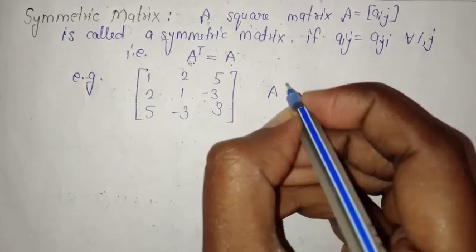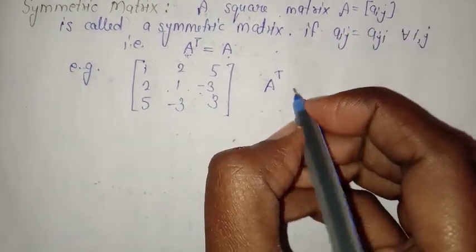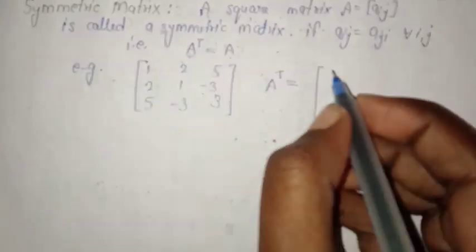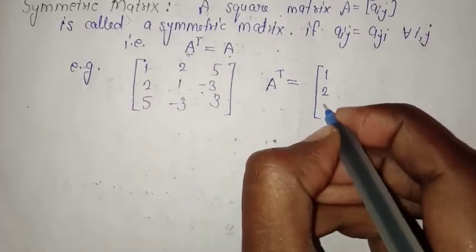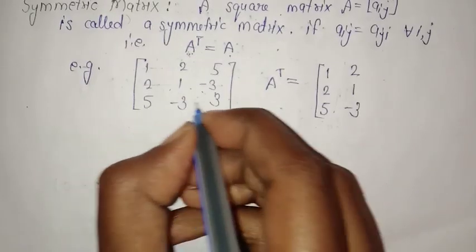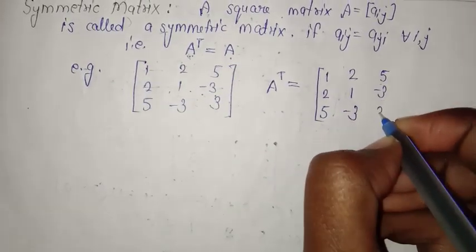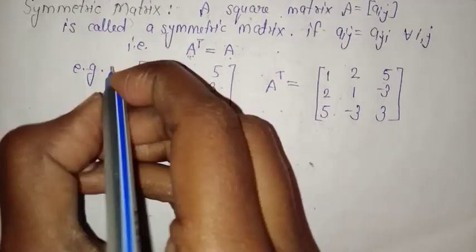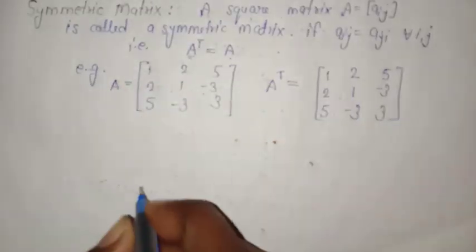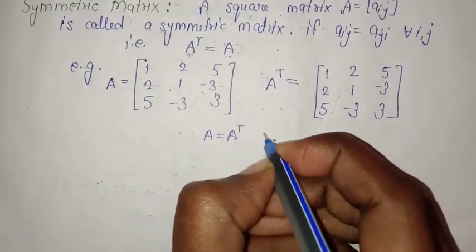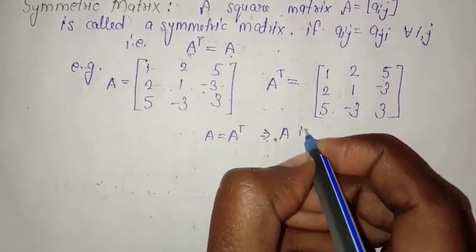So if I write A transpose, the first row becomes the first column, that is 1 2 5. The second row becomes the second column, so 2 1 -3. And the third row becomes the third column, so this becomes 5 -3 3. If you compare the matrices A and A transpose, both are equal, that is A equals A transpose, and this implies that A is symmetric.